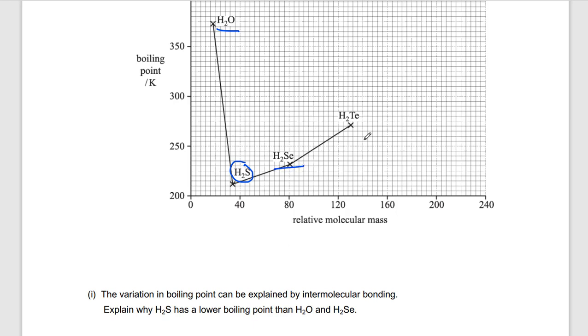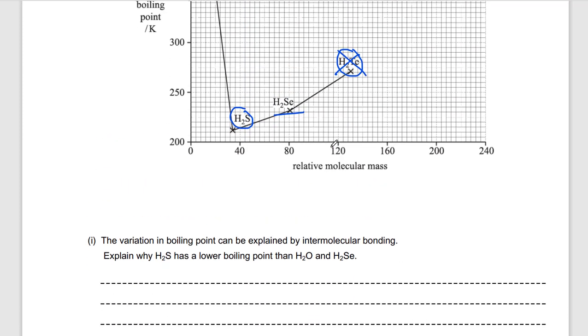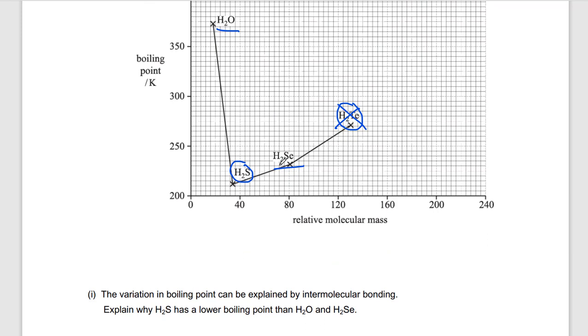That means that you do not need to mention H2Te in your answer at all. You can ignore it for all intents and purposes. Okay, we're not interested in H2Te because it is not referenced at any point in the question. So don't bother trying to explain why that's high.